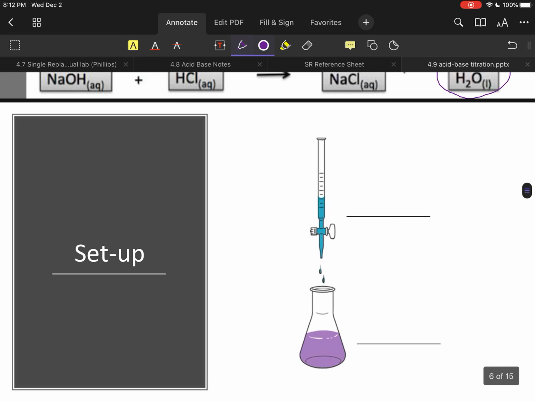So when we're setting up a titration, there are a few terms that we want to go over and make sure that we understand. At the top, you can see we have something called a burette. This is the tall, skinny, graduated cylinder-looking glassware.